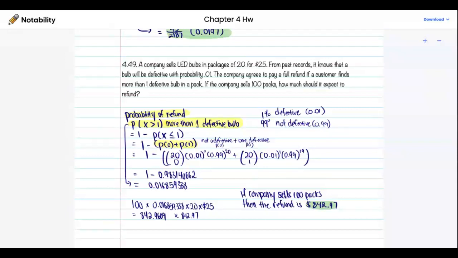One minus this big parentheses right here: 20 choose 0 times 0.01 to the 0 power times 0.99 to the 20th power, plus 20 choose 1 times 0.01 to the first power times 0.99 to the 19th power. We get 1 minus 0.983140662, which equals the probability that we have more than one defective bulb and get a refund.